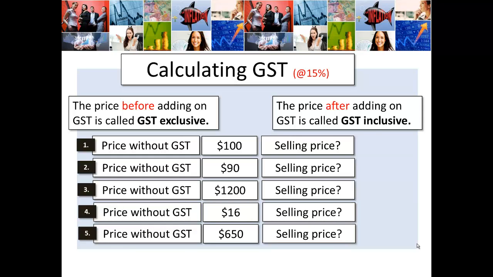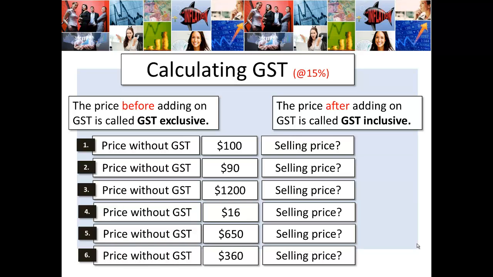What is the business going to be charging? What's the selling price going to be? Right, so remember, 1.15 is a magical figure. Are we going to multiply? Are we going to divide? Well, we know the price without GST is going to be lower than the selling price, so obviously we have to multiply those amounts by 1.15.